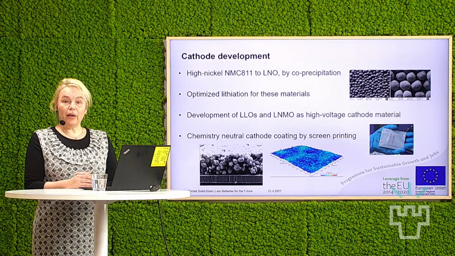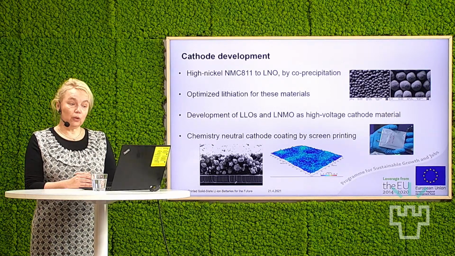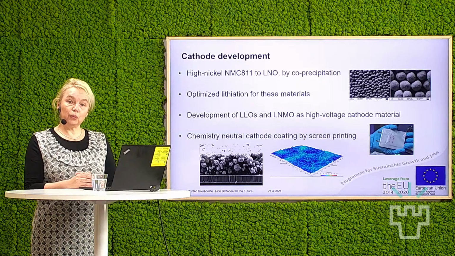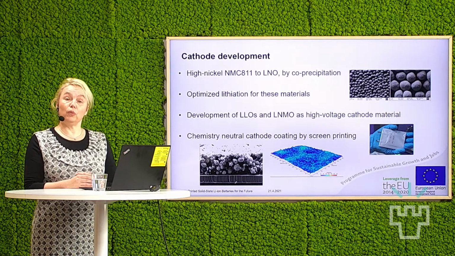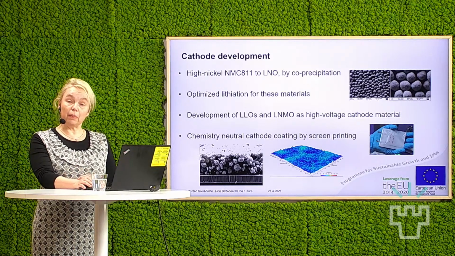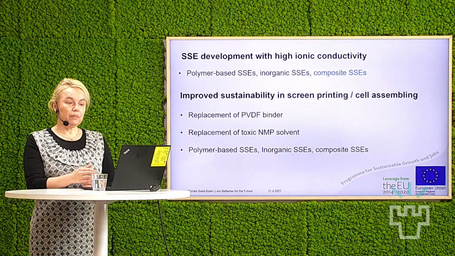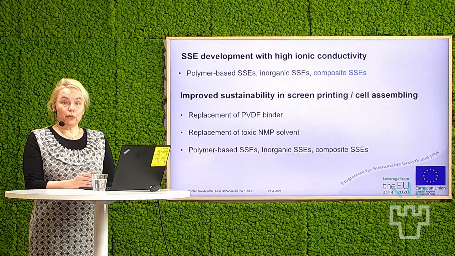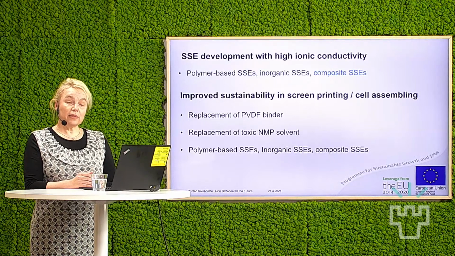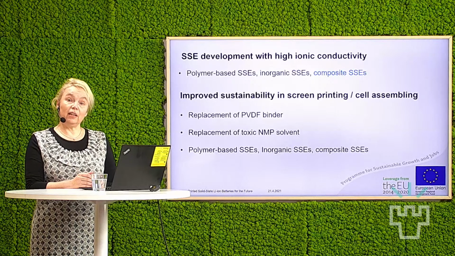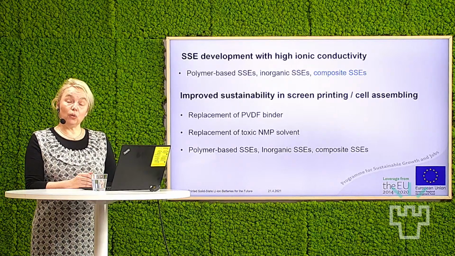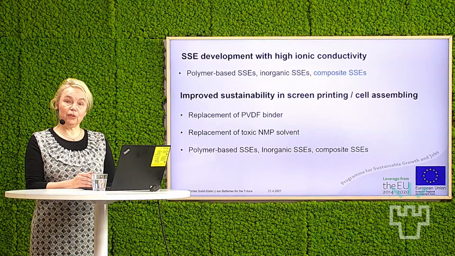Overall, our aim is that the concept we are developing should be chemistry neutral, so basically we can apply this concept independently of the cathode chemistry we use in the battery. A lot of effort is put now on the solid-state electrolyte concept, not only in our project but worldwide, and that's the reason we are working globally with some of the key universities and collaborators to find the solution for that.